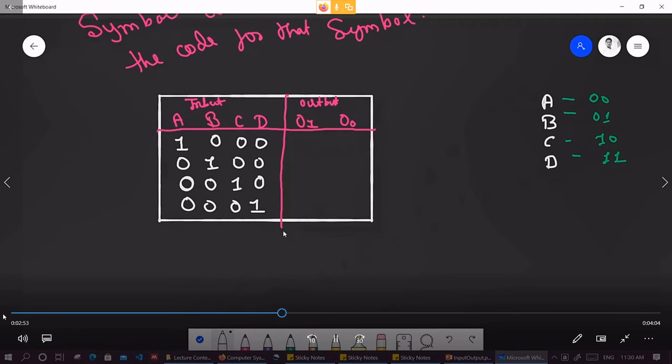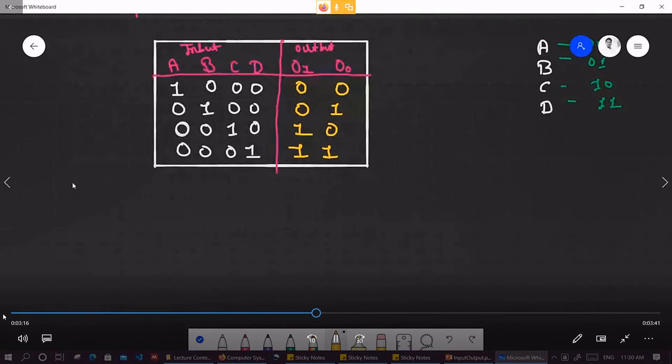So the output will be 00 for A, 01 for B, 10 for C, and 11 for D. Now we have the output and the input, and we have to design the circuit.